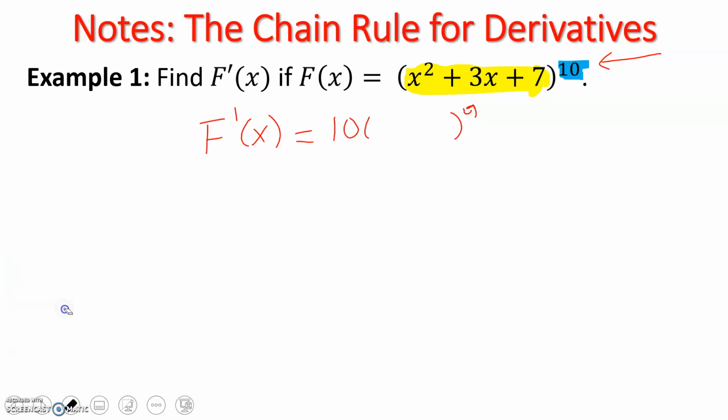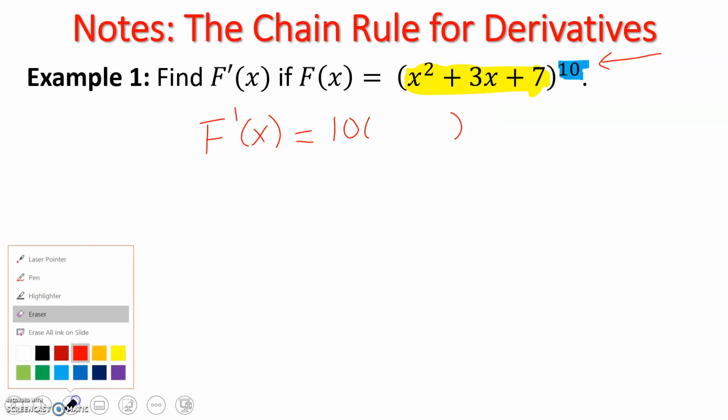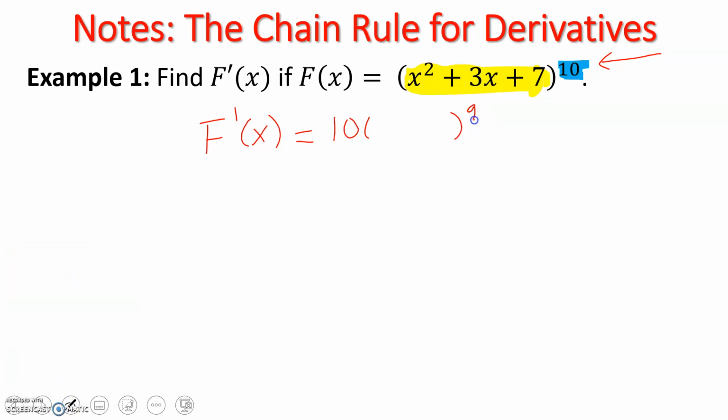Because remember, the power rule says the power comes out front and the degree drops by 1. Now note, this time we do have something inside that's not just x. So we still have our x squared plus 3x plus 7. That is the derivative of the outside function.